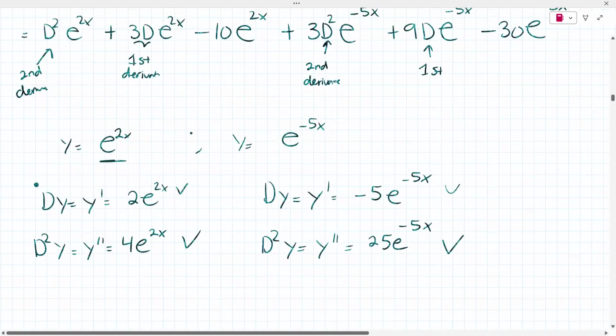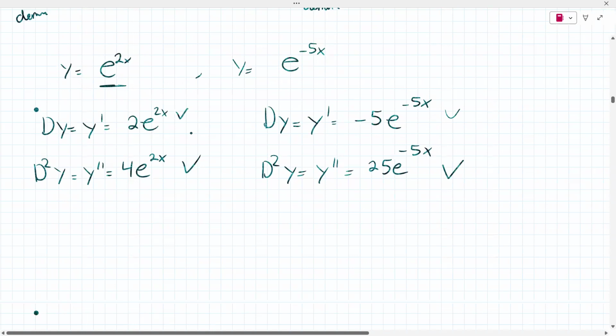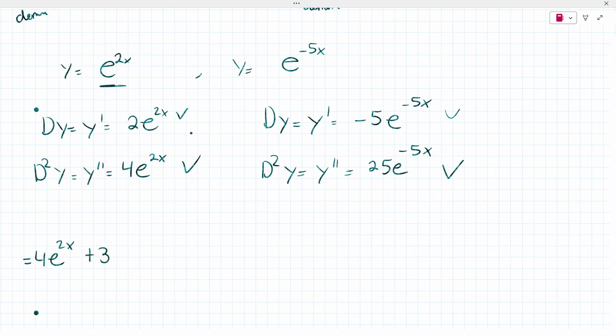That's it. So it's going to be equal to 4e to the 2x plus 3 times 3d, which is the first derivative, and that is going to be 2e to the 2x, minus 10e to the 2x, plus 3.